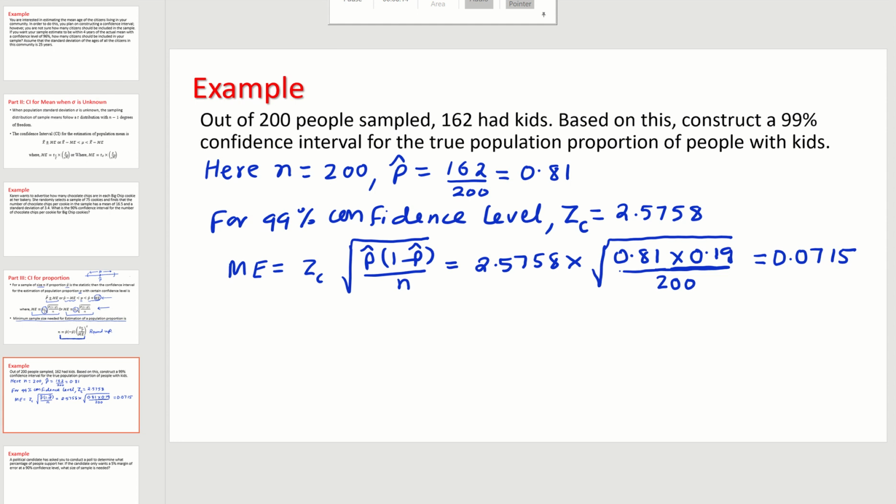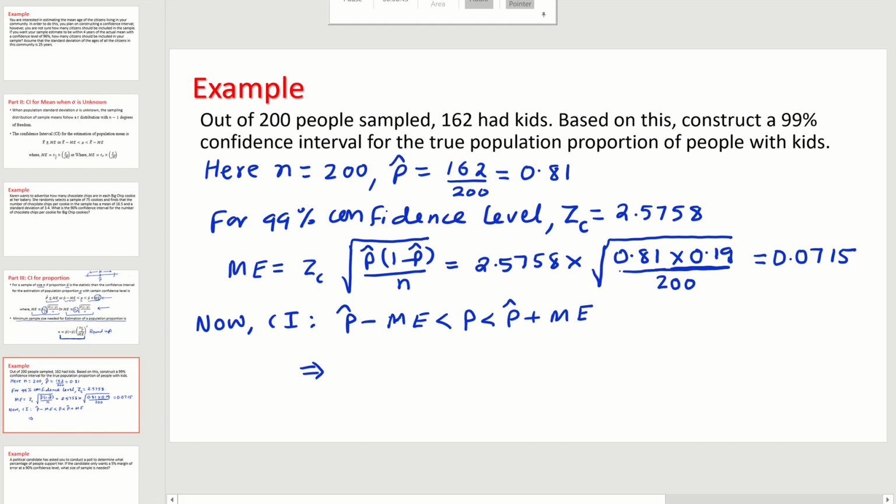So the margin of error will be 0.0715. Now we can write our confidence interval. What we know is our confidence interval will be p hat minus the margin of error is less than p, which is less than p hat plus the margin of error.